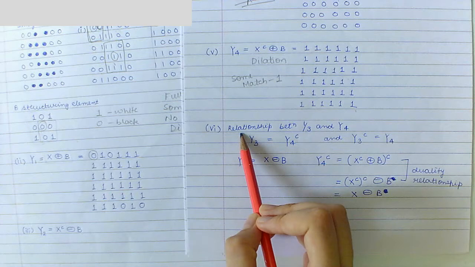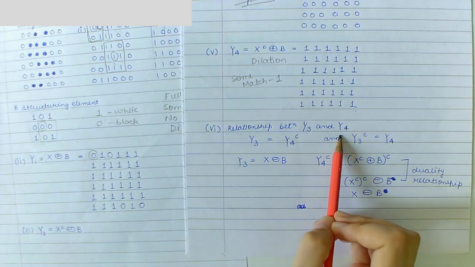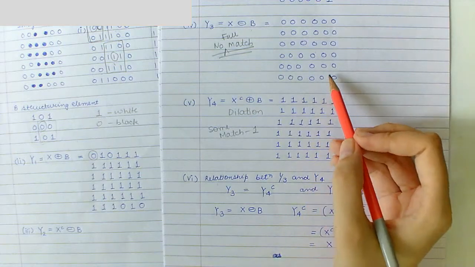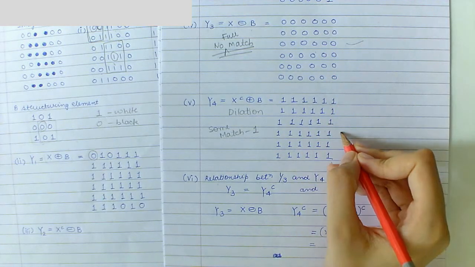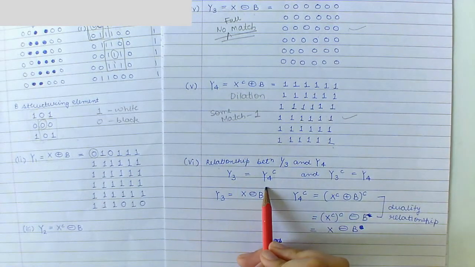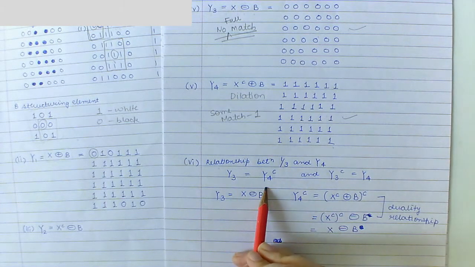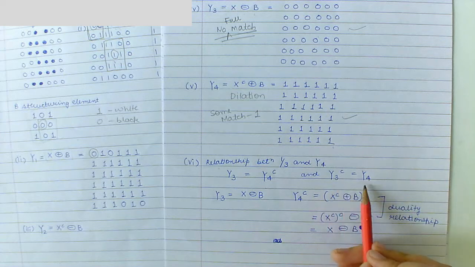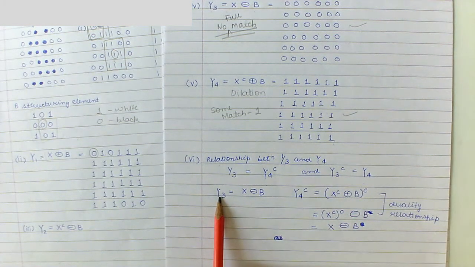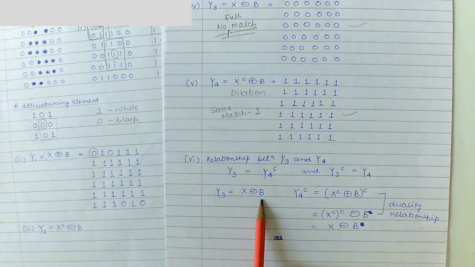Now the next part of the question is to find a relationship between Y3 and Y4. As we can see, Y3 here is all zeros and Y4 here is all ones. So Y3 equals the complement of Y4, and Y3 complement equals Y4.